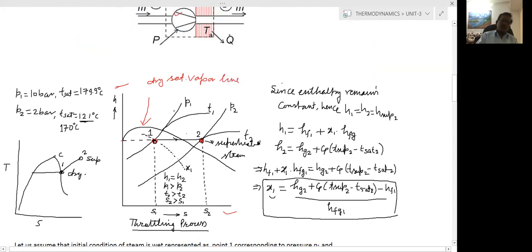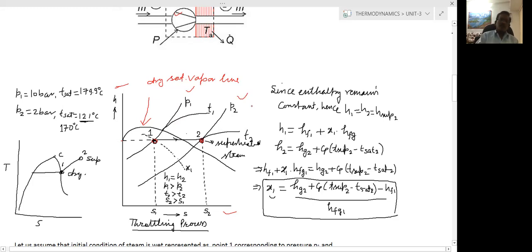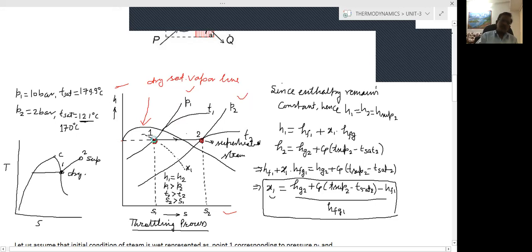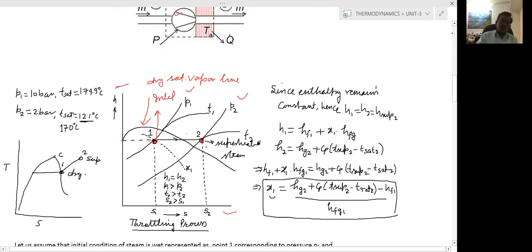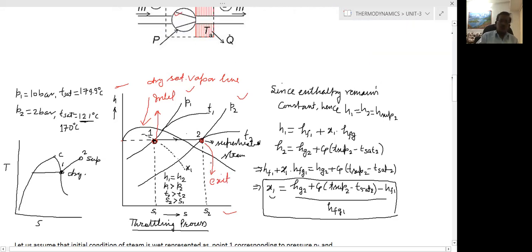Now, there are two curves, one showing the pressure P1 and another showing the pressure P2. Definitely when the steam passes through a restricted passage, the pressure will go on decreasing. Here, point 1 indicates the condition of the steam at the inlet, or entry side, and point 2 indicates the exit condition of the steam, or of any fluid.